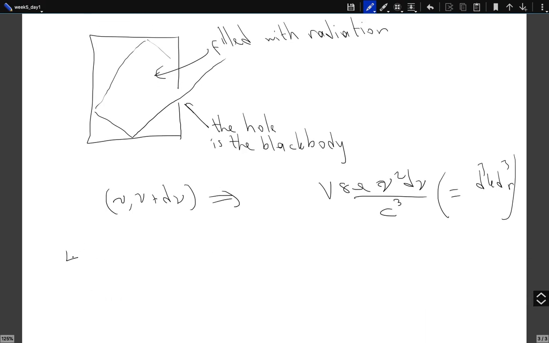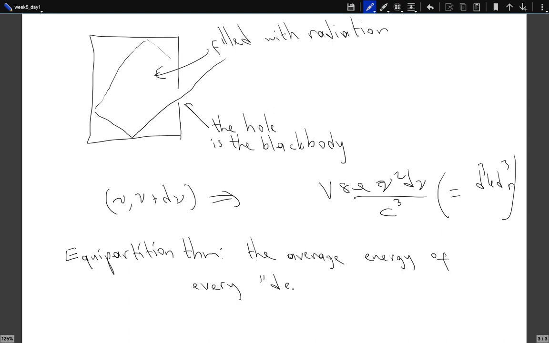We know that we had the equipartition theorem, which states that for every degree of freedom, the average energy is kT over 2. k_B is just some constant called the Boltzmann constant, multiplied by the temperature, divided by 2.